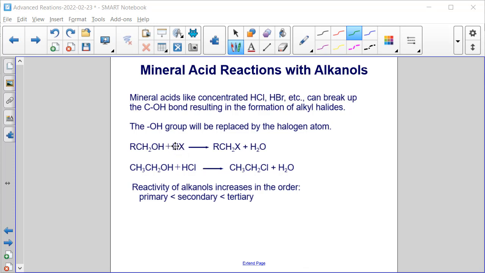And now whatever this halogen is will be attached on this end where the hydroxyl group was for an alkyl halide. So in this case, instead of ethanol, we have this ethyl chloride and water. The reactivity of alkanols increases from primary to secondary to tertiary in the case of mineral acid reactions with alkanols.